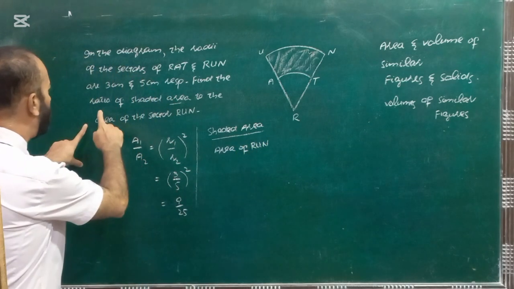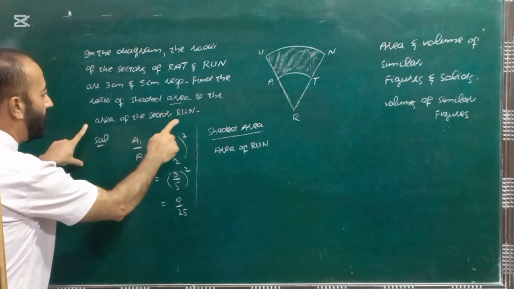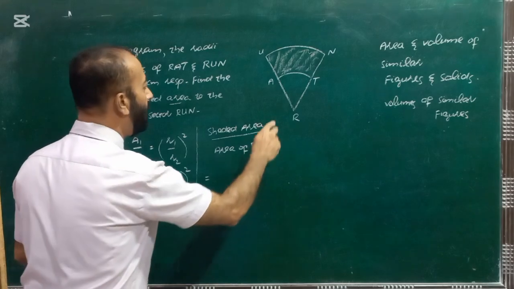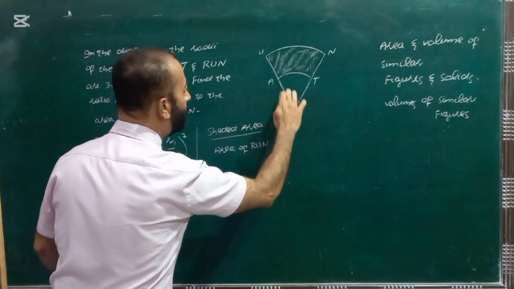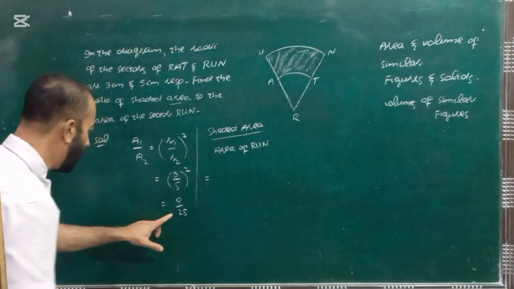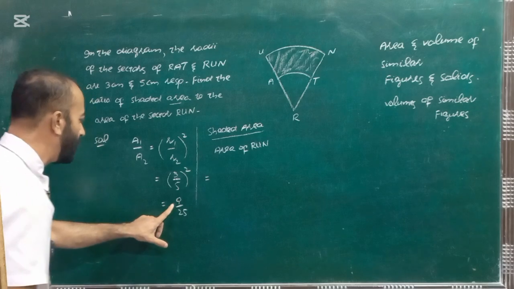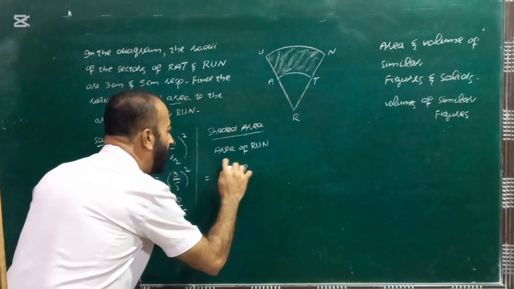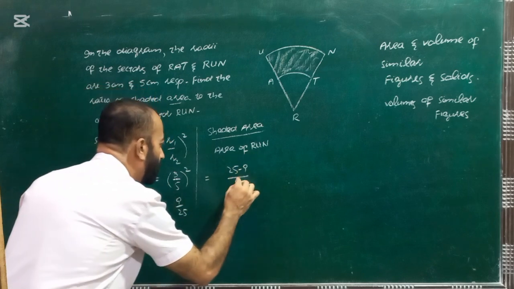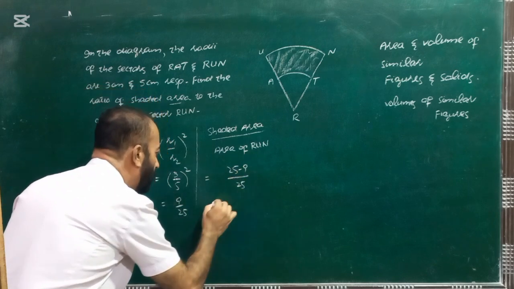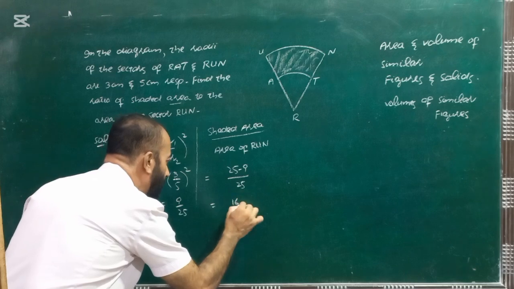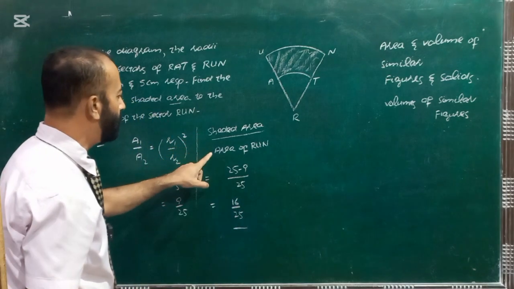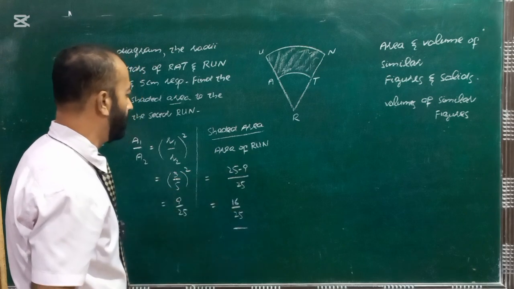Because this is the requirement, the ratio of the shaded area to the area of the sector RUN. So look now, shaded area will be bigger sector minus smaller sector. So bigger sector is 25, smaller sector is 9. So 25 minus 9 over bigger sector's area 25. So 25 minus 9 will be 16 over 25. So this is the ratio of the shaded area to the area of the bigger sector.